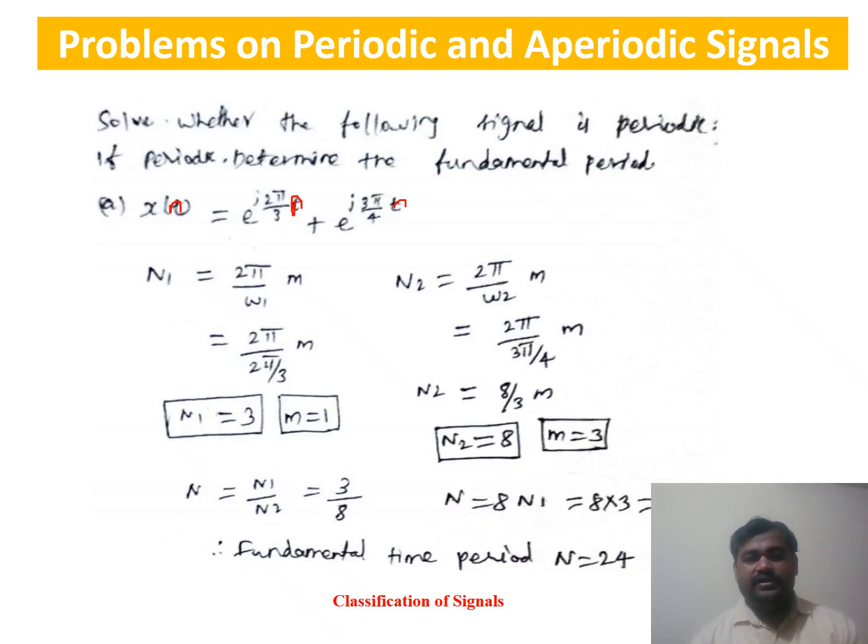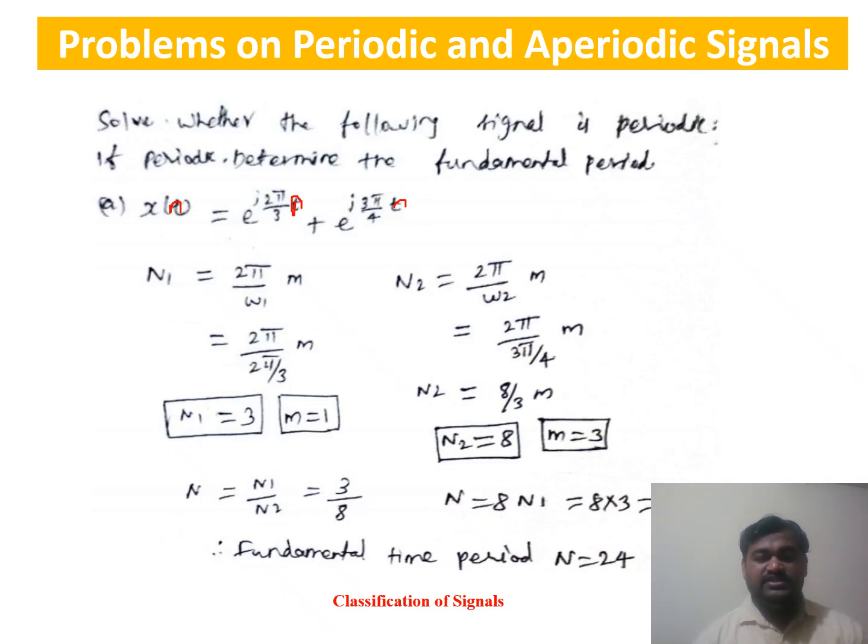So x of n equal to e power j 2 pi by 3 n plus e power j 3 pi by 4 n. n1 equal to 2 pi by omega 1 into m, n2 equal to 2 pi by omega 2 into m. Omega represents the frequency.